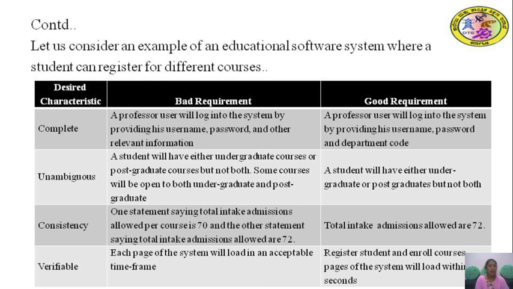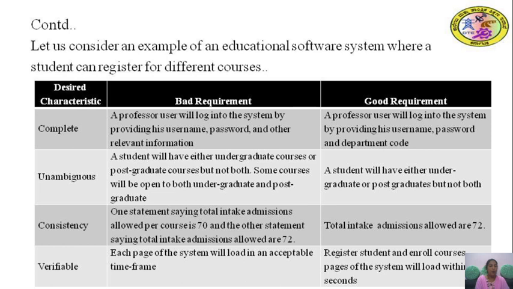Here the other relevant information is not clear. So, the other relevant information should be spelled out in the good requirement to make the requirement complete.